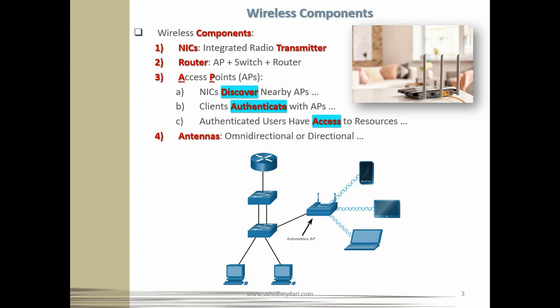These four are the main components of a wireless network. You also need to know briefly about the structure of the frames that are sent wirelessly. The 802.11 frame format is very similar to what we know about the Ethernet frame format, and the only exception is that the wireless 802.11 frame format contains more fields.